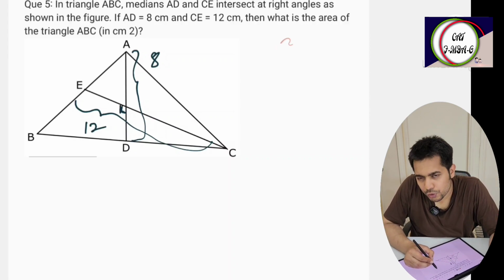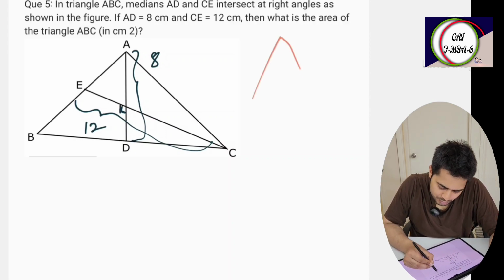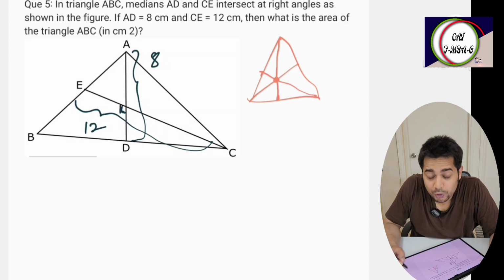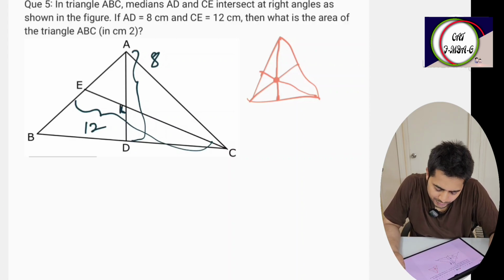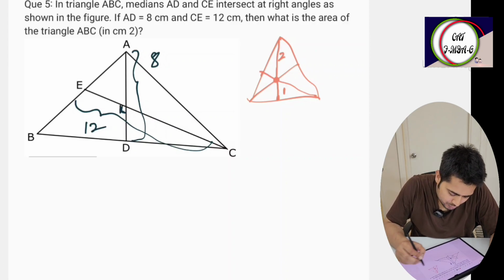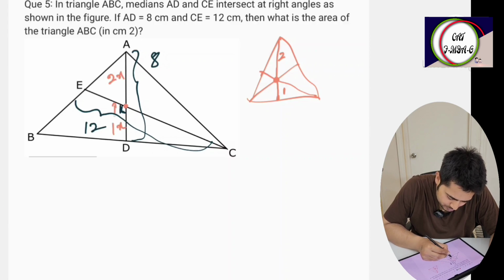Also, you know that in a triangle, when medians intersect at this point, this point is known as the centroid, and the centroid divides the medians like this in the ratio 2:1. Always remember that. So this is the centroid. So this is going to be 2x, this is going to be 1x.